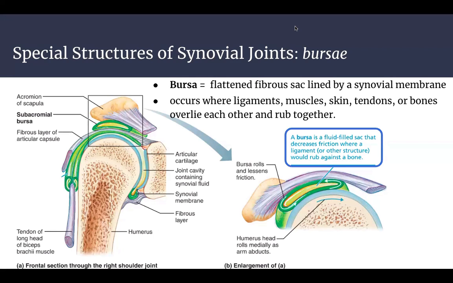The example we're looking at here is part of the shoulder joint. If you look at this picture on the left, we can see structures that are part of the scapula. This is part of the shoulder. Here is the head of the humerus.